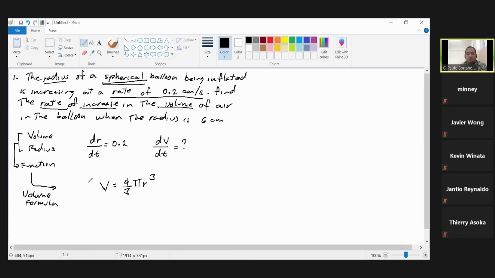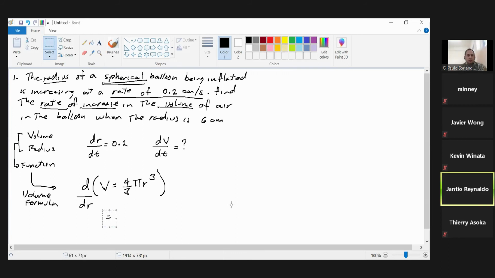So if we get the derivative of this with respect to r, what will we get? Anyone? 4/3 and pi are treated as constants. So the derivative of r cubed is 3r squared.